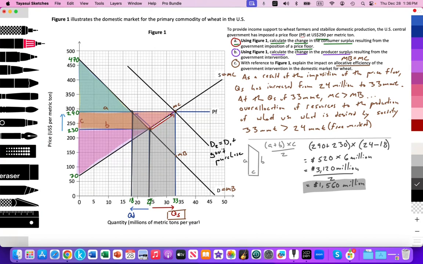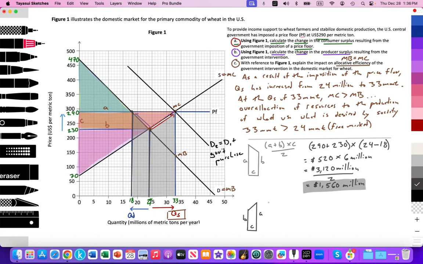Now I got to figure out the surface area of the other trapezium, and that's going to have this shape here. So it's going to look like this. Okay. So again, I want to add a plus b times c divided by 2.